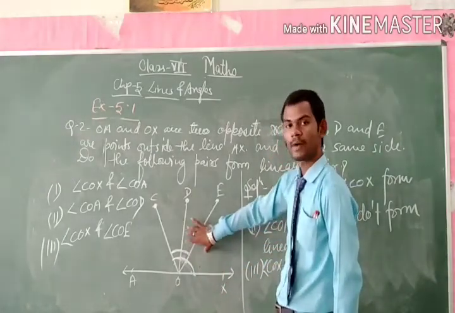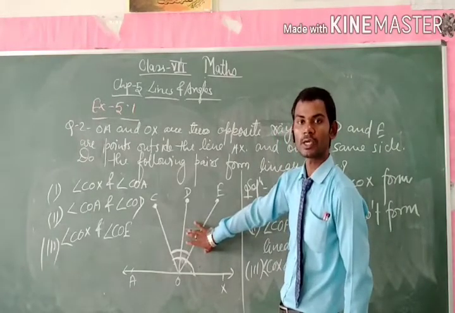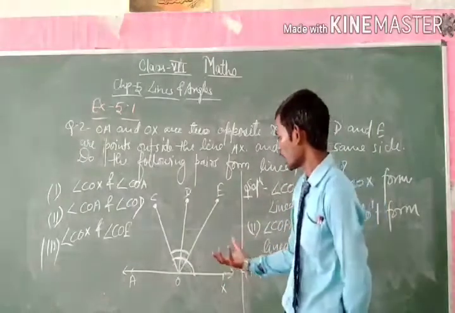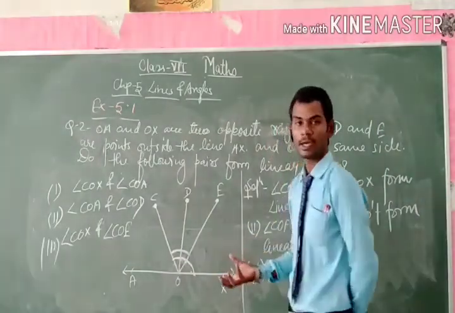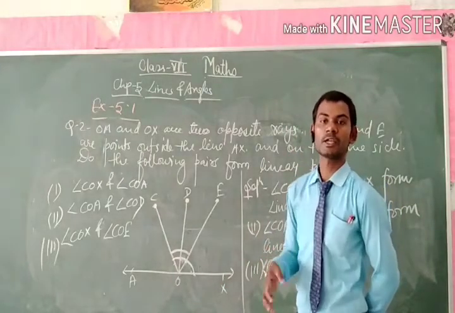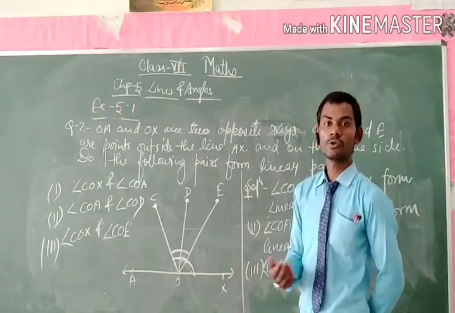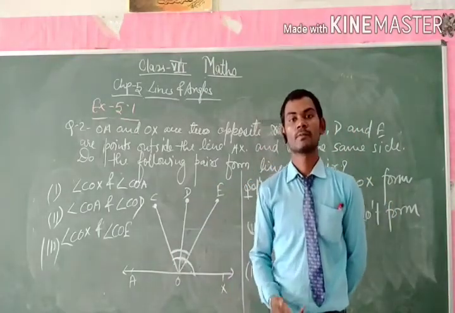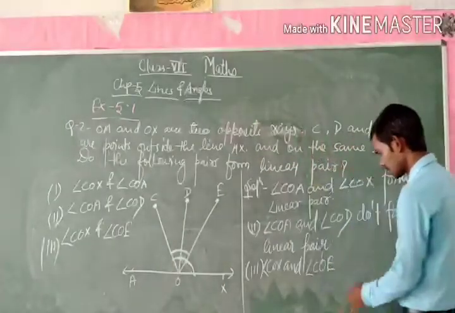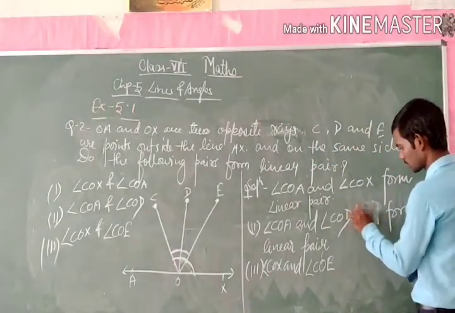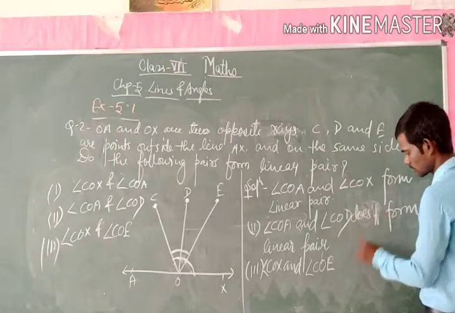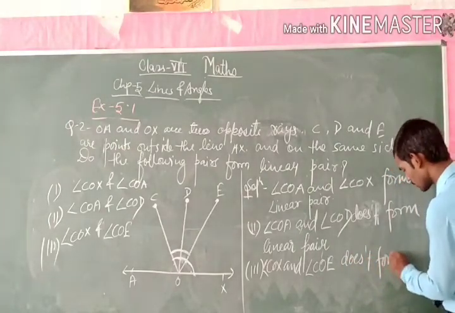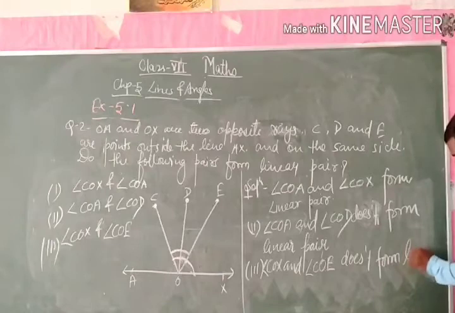So when we find the sum of their measure, we do not get 180 degrees, only near about 120 degrees. So we can say that the third pair also does not form a linear pair. So we write: does not form a linear pair.